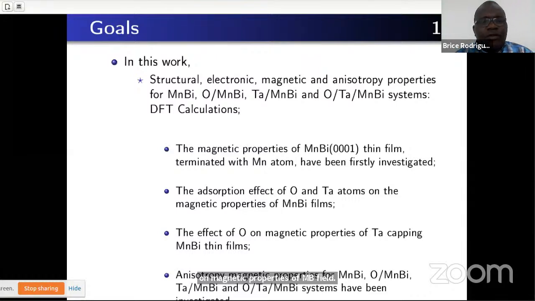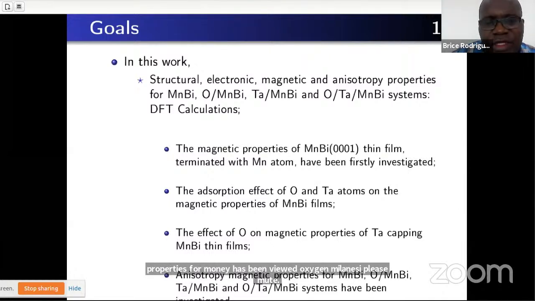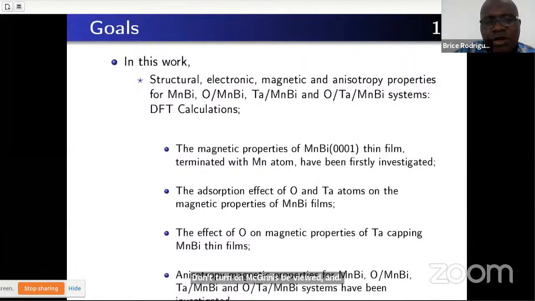And then the effect of oxygen on the magnetic properties of tantalum-capped manganese bismuth 10 films. And we will end up with the anisotropy magnetic properties for manganese bismuth, oxygen on manganese bismuth, tantalum on manganese bismuth, and oxygen on the bilayer tantalum on manganese bismuth system.